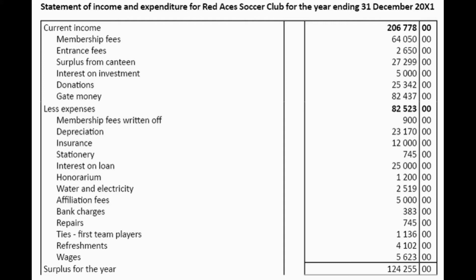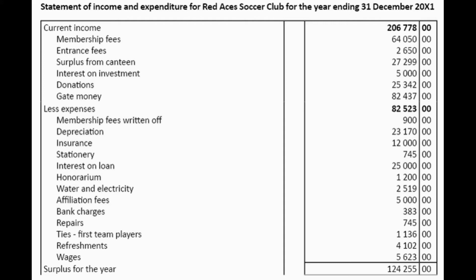Interest on investment, 5,000. There was also an adjustment for that interest, so you can just look in your interest on investment account and you'll see the amount is 5,000 that you need to transfer to your income and expenditure account. Donations, 25,342. I think there was no adjustment on the donations, so that is the amount that we got directly from the receipts and payments.